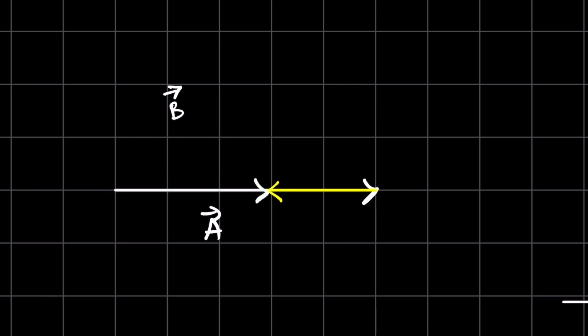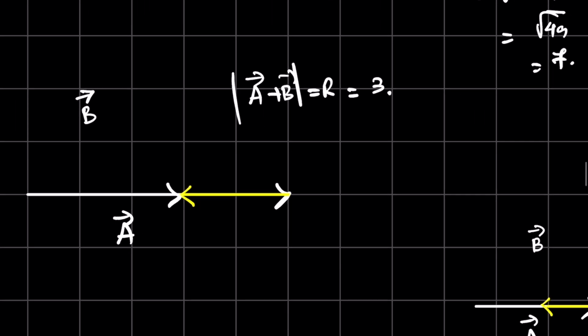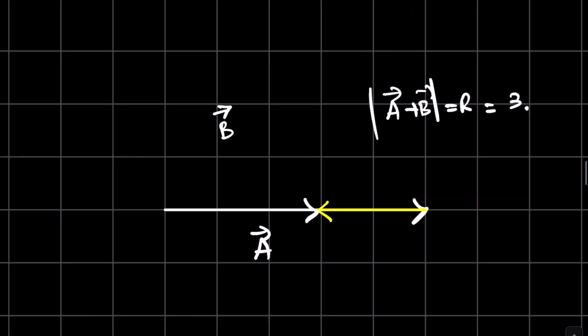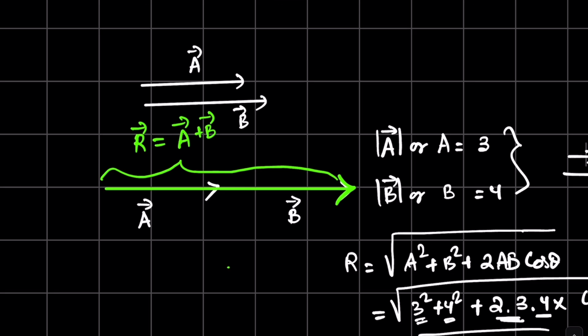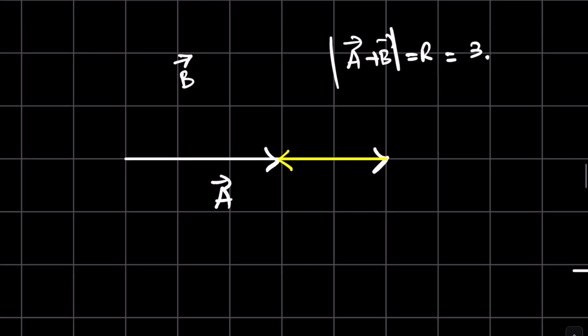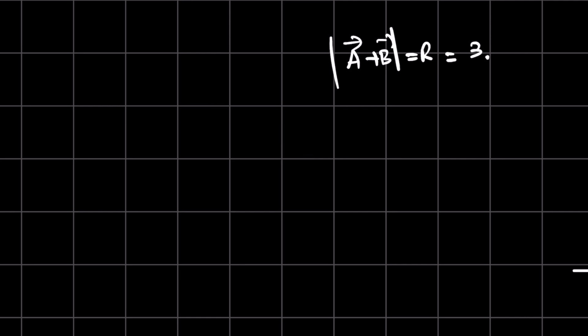I hope you get the idea. The answer for A vector plus B vector, or simply R, comes to 3. For example, this is the A vector, 1, 2, 3, 4, 5, and this is the B vector.